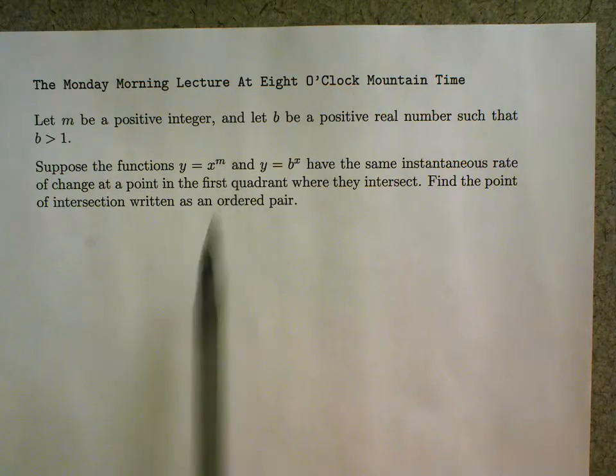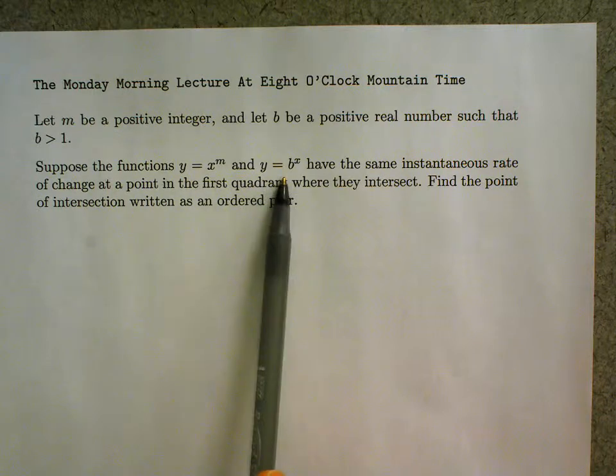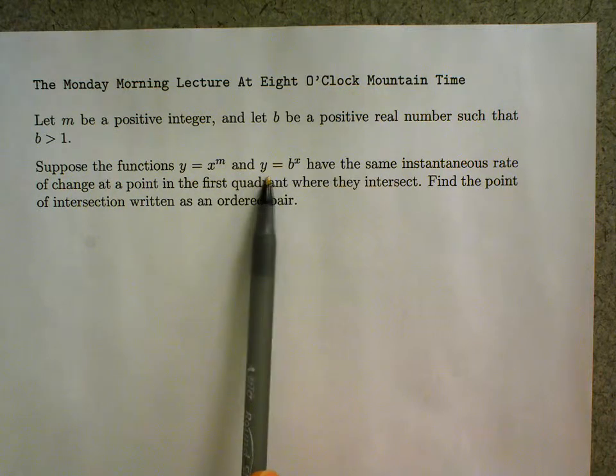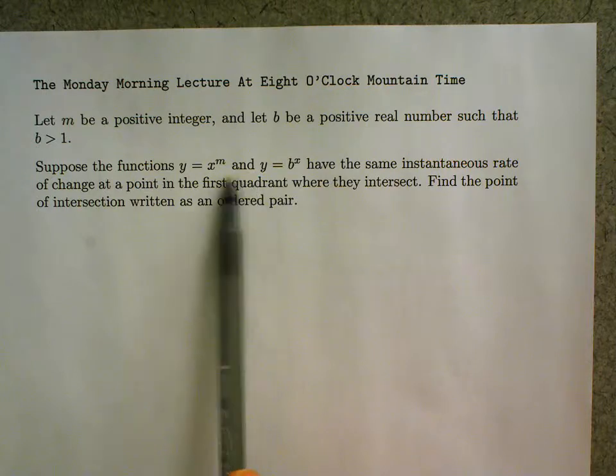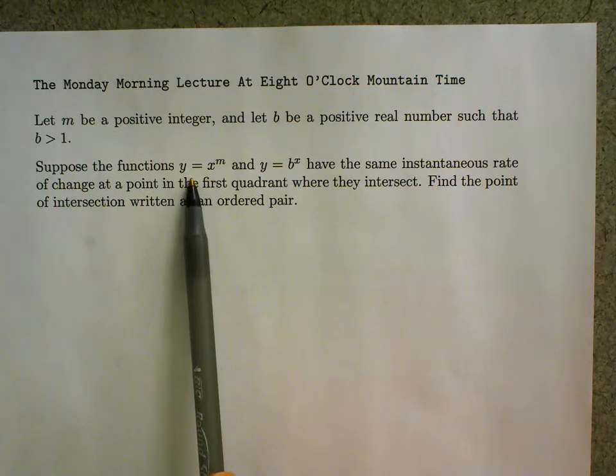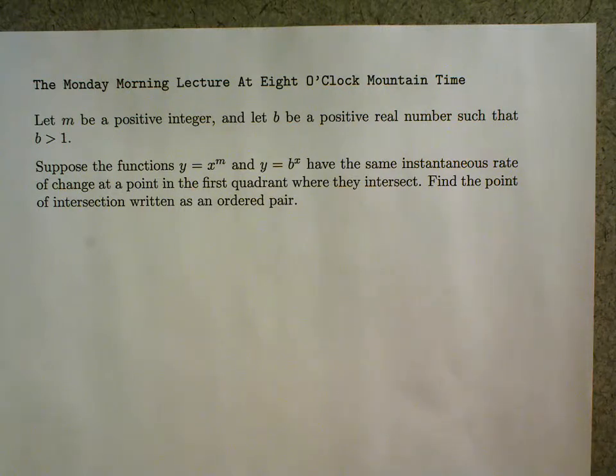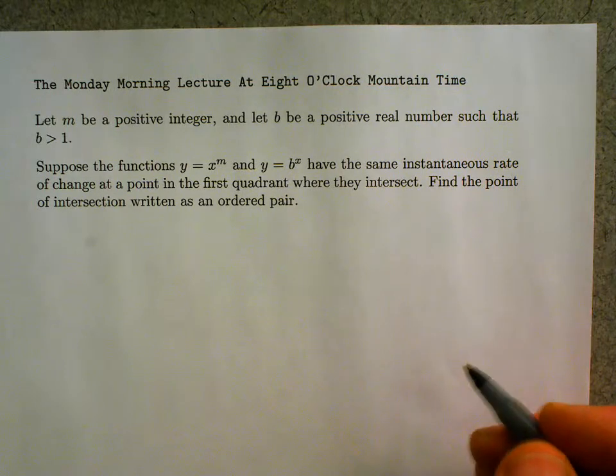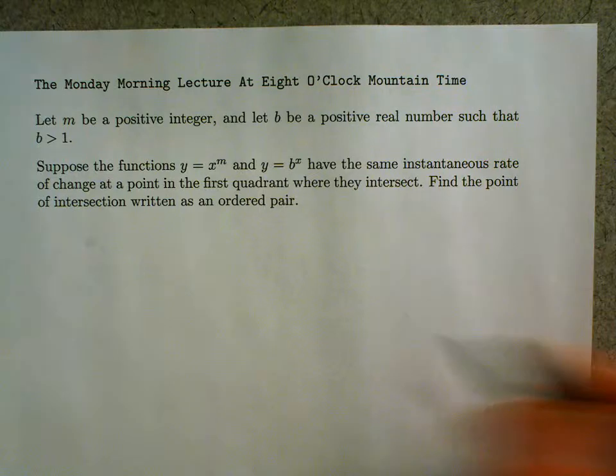So just to elaborate a little bit, these two functions intersect at a point, and at that point of intersection, each function has the same instantaneous rate of change as the other function. Well, the instantaneous rate of change of a function is determined by its derivative.